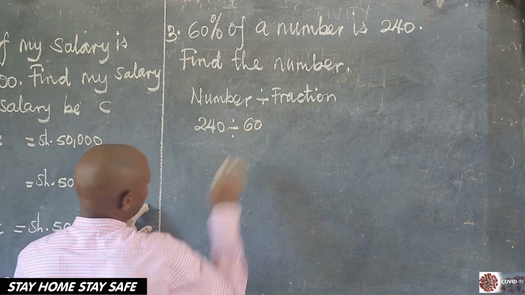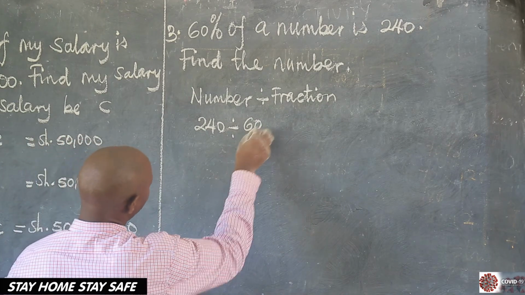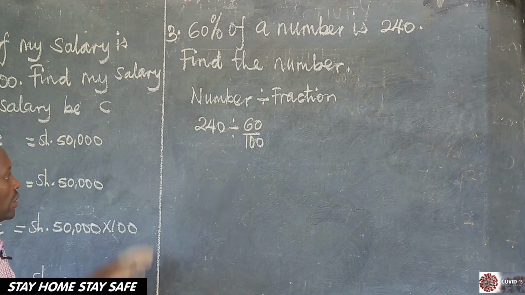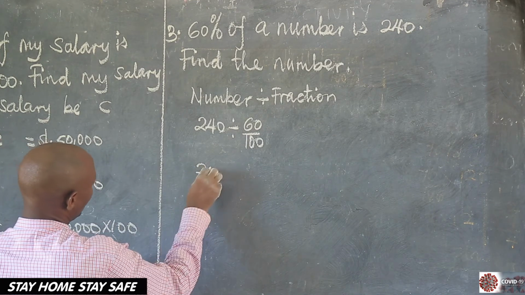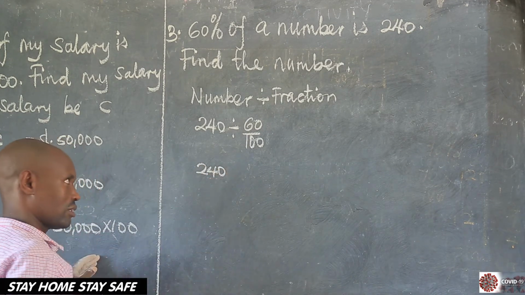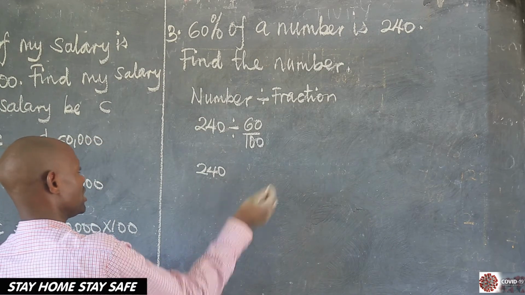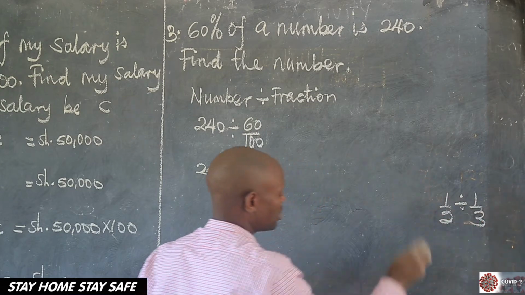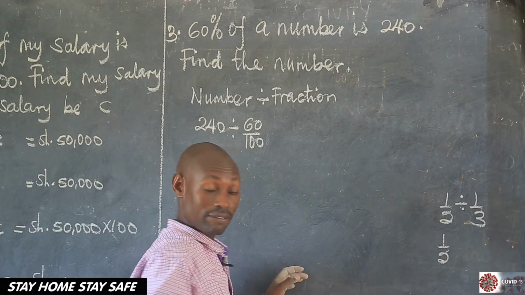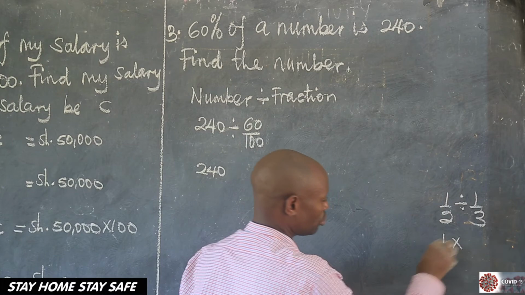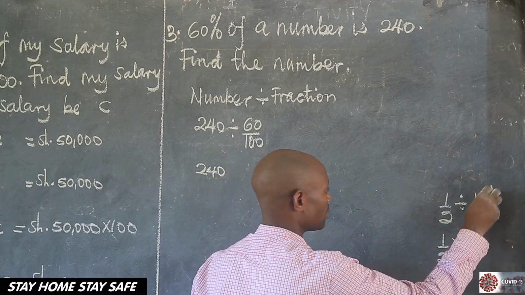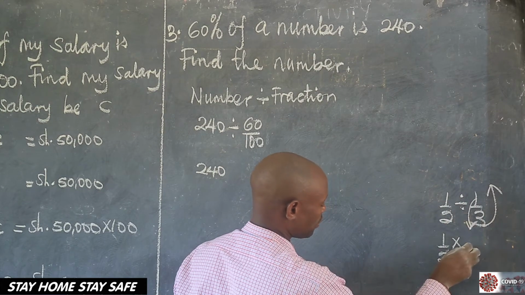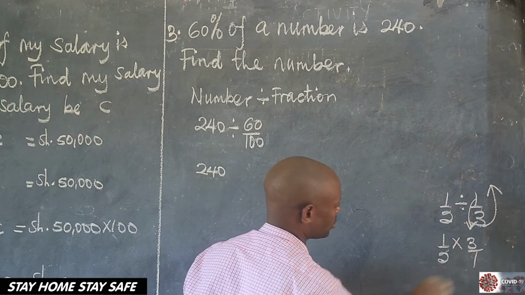It is 60%, and 60% means 60 out of 100. From your previous classes, they have been telling you that if you have a half divided by a third, division changes into multiplication, and this one becomes a reciprocal. This one up, then this one down. So we multiply by the reciprocal, which is 3 out of 1.